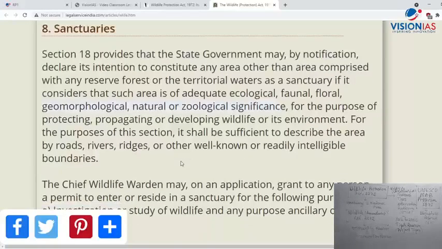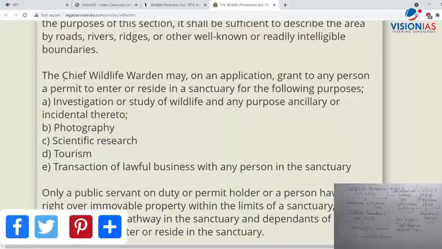And in the state there is a post of wildlife warden. The chief wildlife warden is there, and the chief wildlife warden can grant permission to enter or reside in a sanctuary.